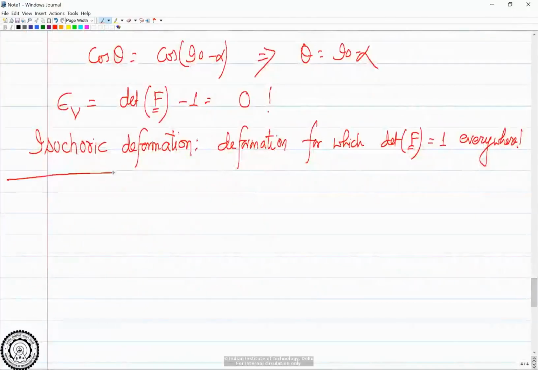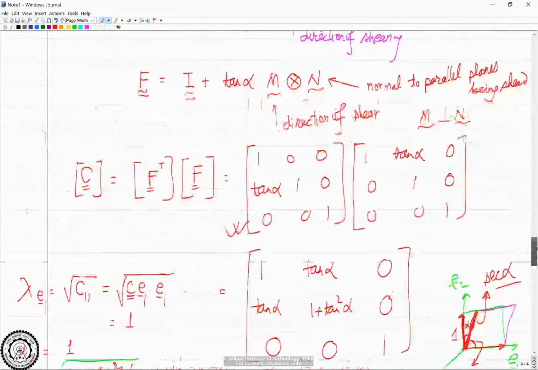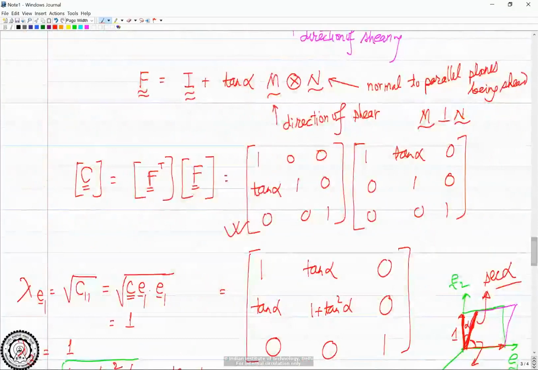Sir, how are we getting the determinant of deformation gradient as 1? Okay, look at this matrix here. This is the F matrix, no? Right? Just try to find out the determinant. How will you get the determinant? Let us say you expand it in the first row.